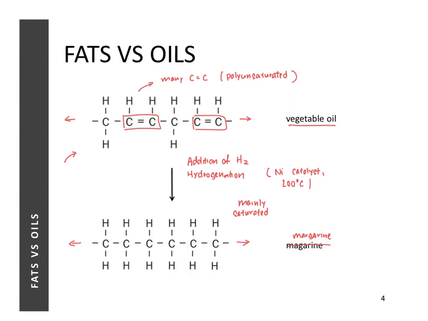But in a nutshell, to convert vegetable oil to margarine, we need to react vegetable oil with hydrogen, or we need to use hydrogenation, and in the process a polyunsaturated molecule is converted into a saturated one.